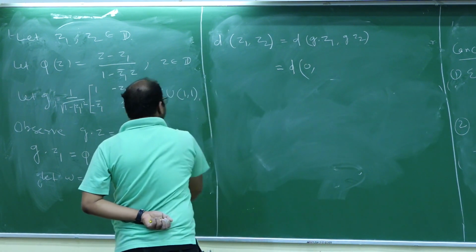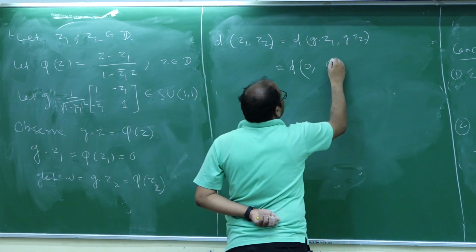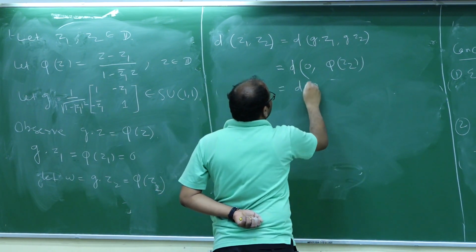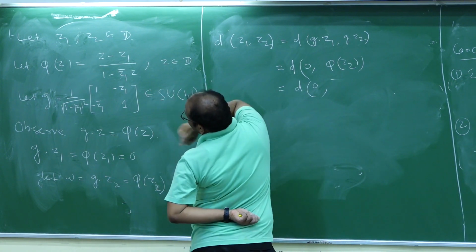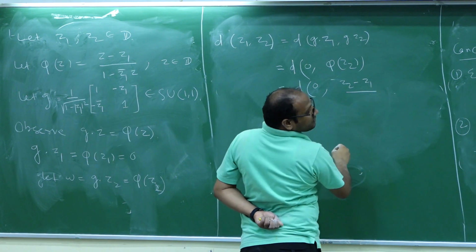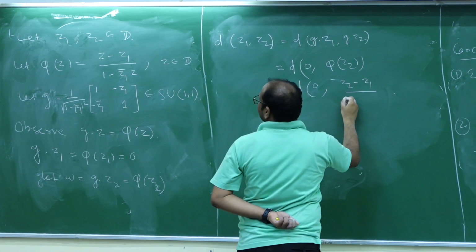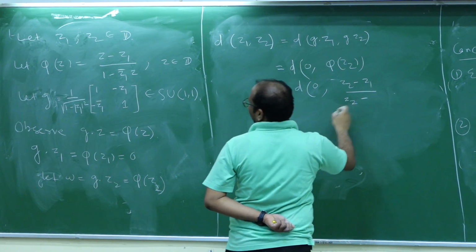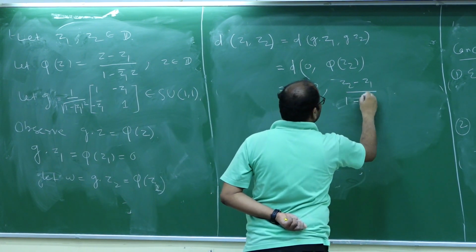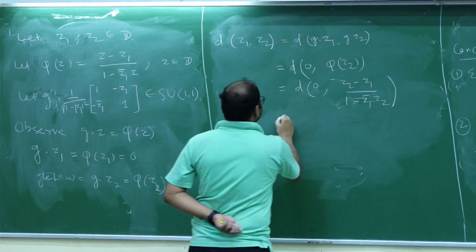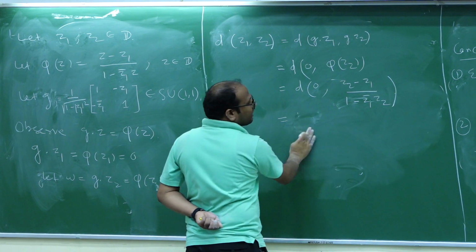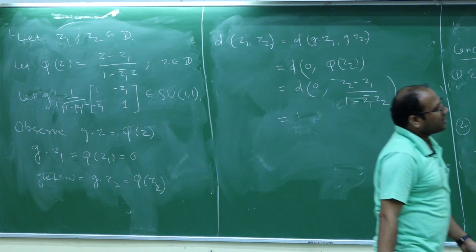This is phi of Z2, which is (Z2 minus Z1) over (1 minus Z1 bar Z2). So you can calculate using the distance formula.